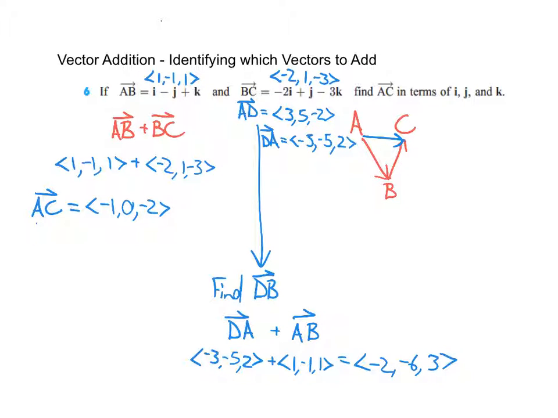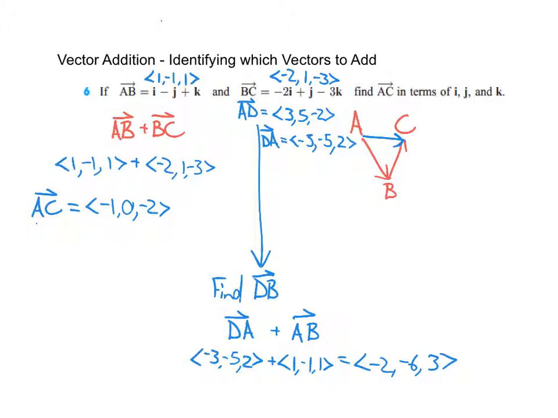Okay? So that's not terrible. It's again very similar to stuff we were doing in 2 dimensions, but the key here is to keep going and just to find how do I get, if I want DB, how do I get from point D to point B? Okay? It may be helpful to draw them, even though in 3D you don't need to draw them super accurately, okay? All we care about is that we have 4 points.